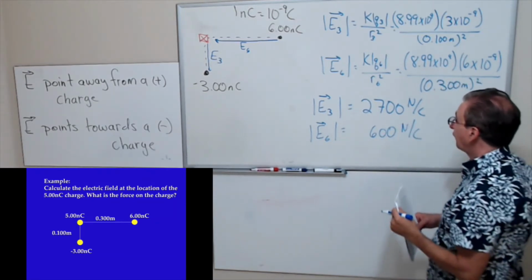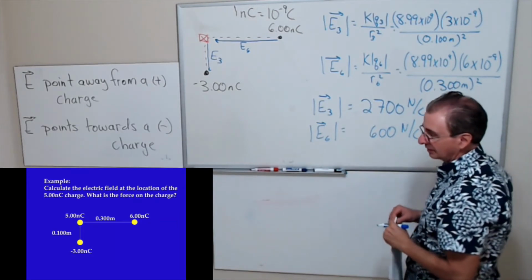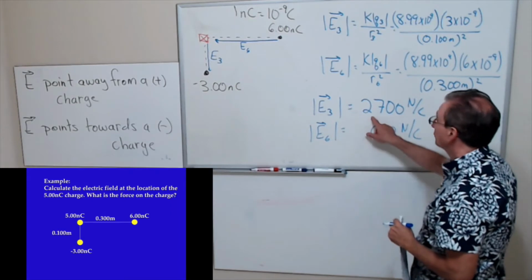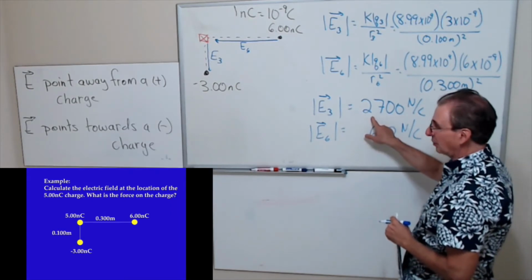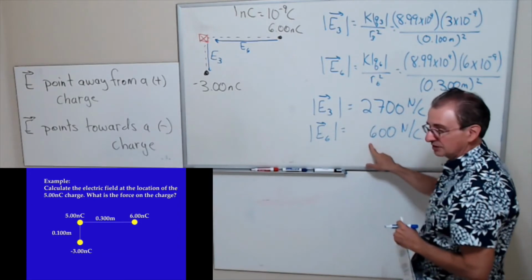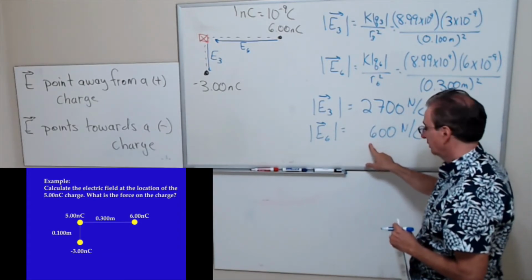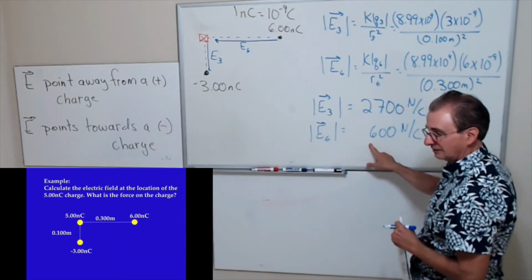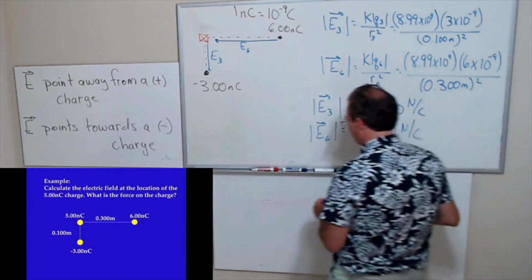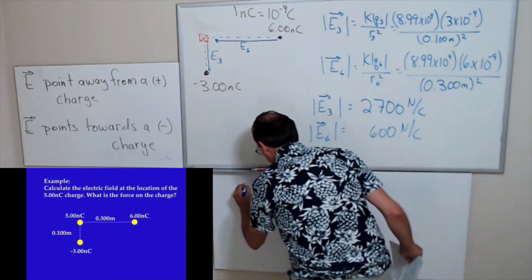Now I'm going to find the X and Y components. This is going to be easy. E3 has only one component and it points to the left. And E6 points downward. That one's pretty straightforward. So basically, I can write the total field.